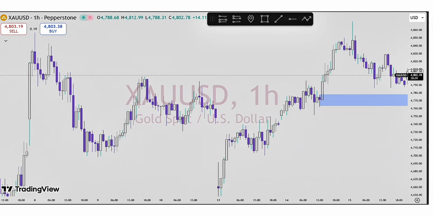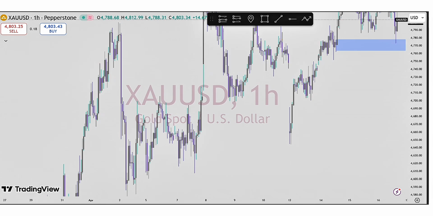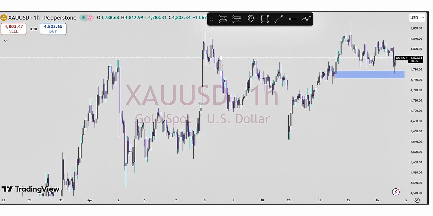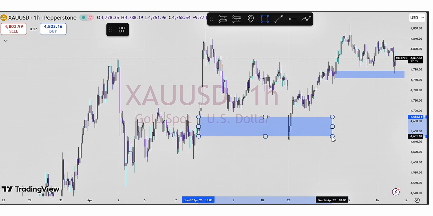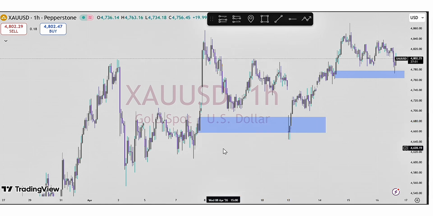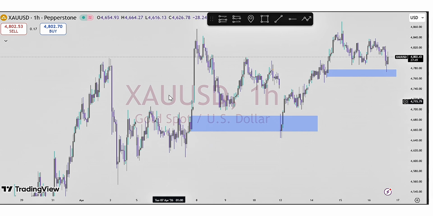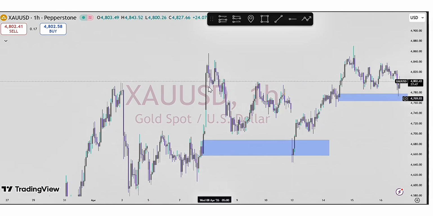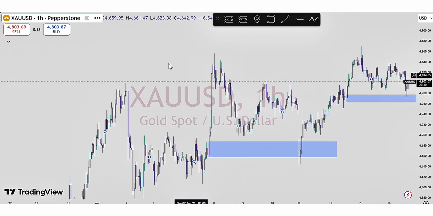Now let's look at another order block. All you need to do is look for order blocks in the market. Now we have this one, the last opposition candle before what? Before an impulse move. Are you seeing? This is the last opposition candle before an impulse move. And what happened?